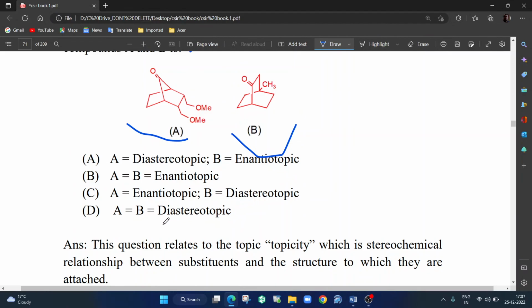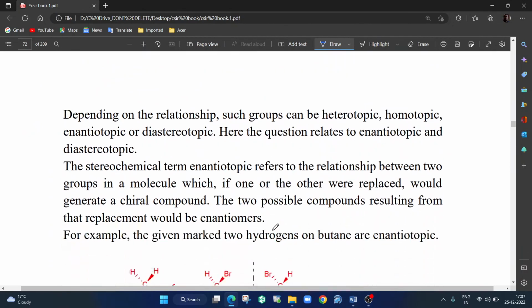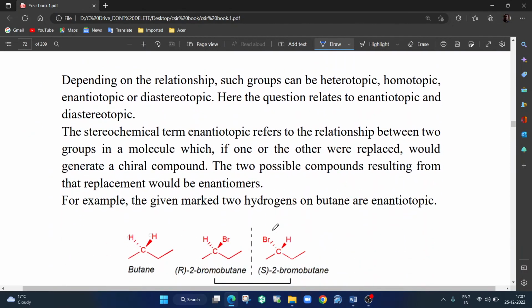First, let's understand what this topicity is. Basically, it is to recognize how two hydrogens will behave in the NMR spectrum in the same molecule. So many times we think that two protons are equivalent.